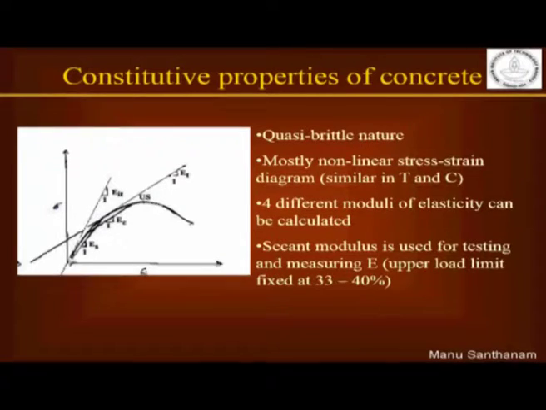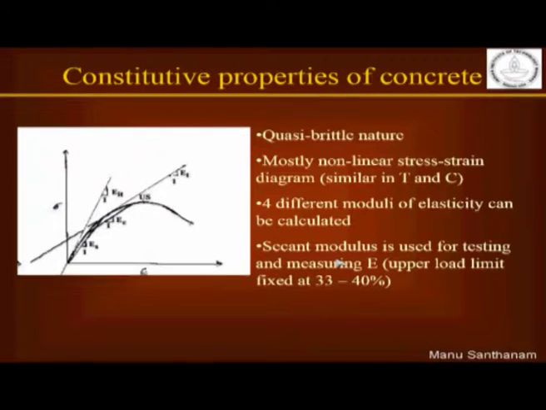There are different ways of taking the modulus of elasticity of concrete. What codes suggest is that we calculate what is known as a secant modulus. Secant modulus is basically the line drawn from the origin up to a point which is at about 33 to 40% of the ultimate load. Why that? Because we assume that up to that load level the concrete is still in the elastic region.